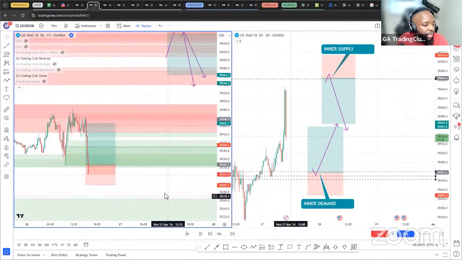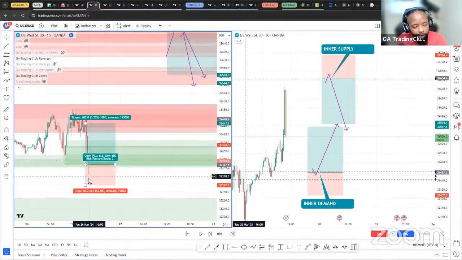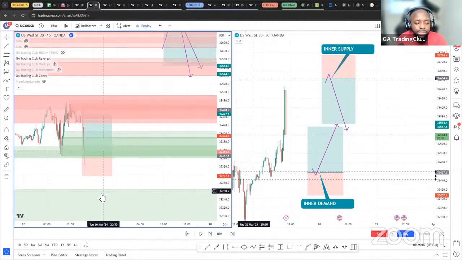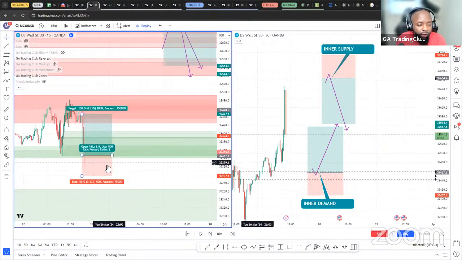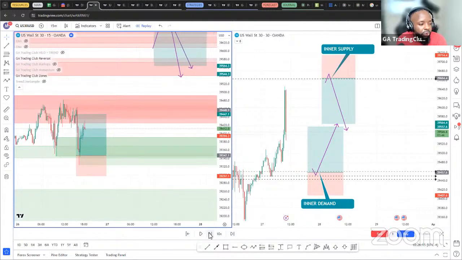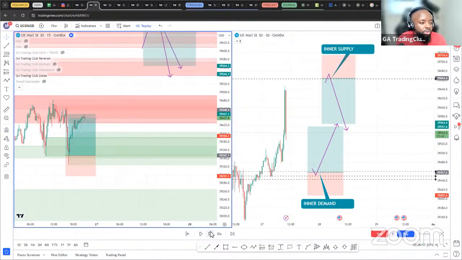When US30 entered that zone, you see that stop hunt, that manipulation. This is what I was expecting to happen to BTC. I wasn't expecting it to go all the way to the stop loss area. Even the next candle, it went all the way back up through the Asia session.